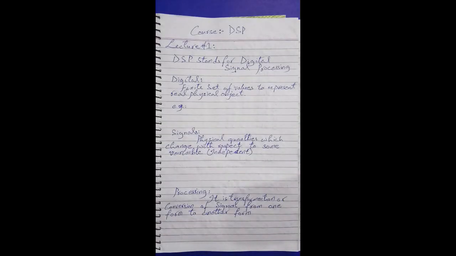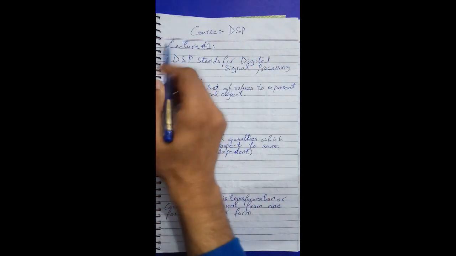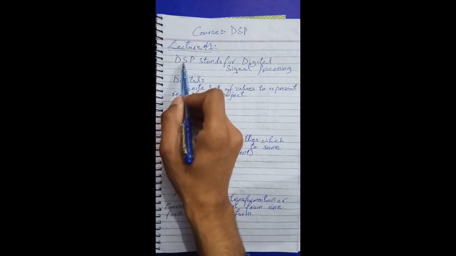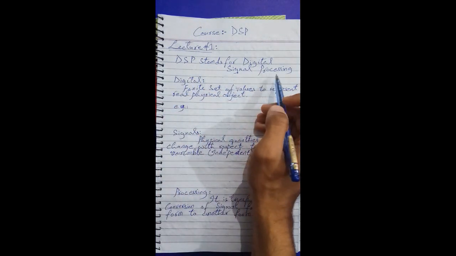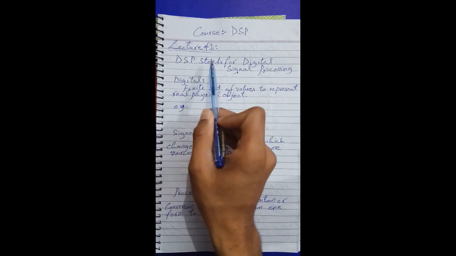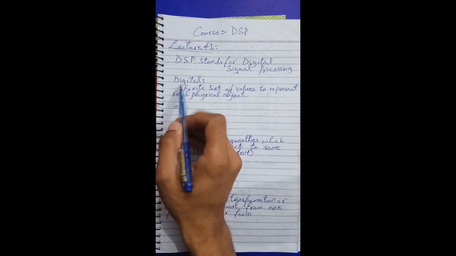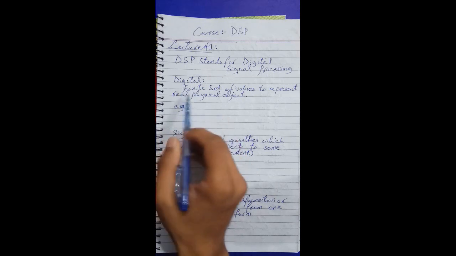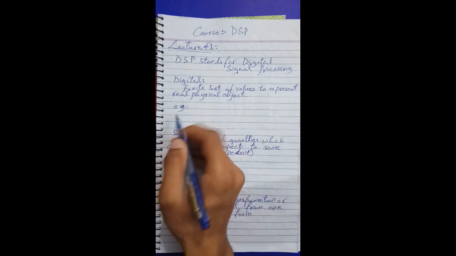The course I am starting is DSP. This is lecture 1, and DSP stands for Digital Signal Processing. DSP contains three words: digital, signal, processing. What does digital mean? Digital means a finite set of values to represent a real physical object.